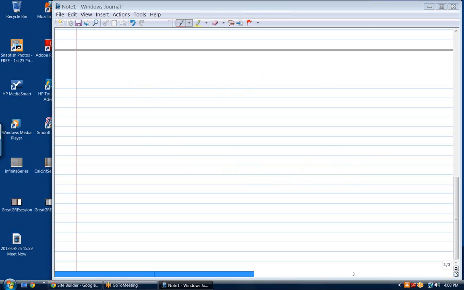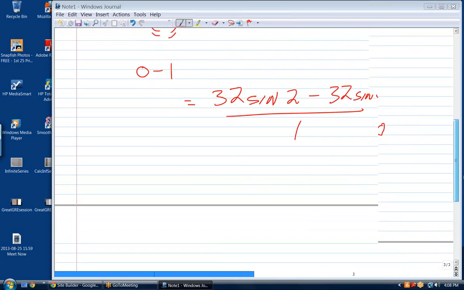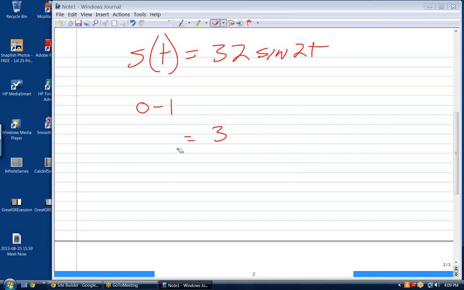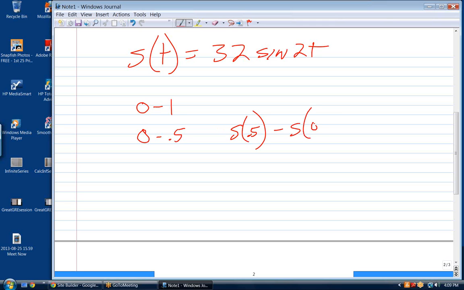Hold on. The second part says to go from what to what? Let's see. From 0 to 1/2, to 0.5. Yeah. So now we have S of 0.5 minus S of 0 divided by 0.5.